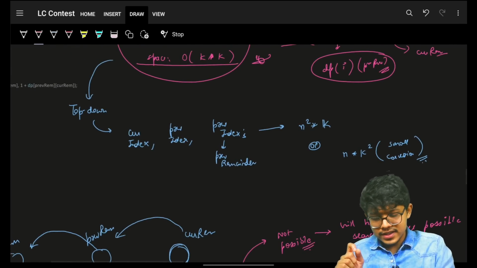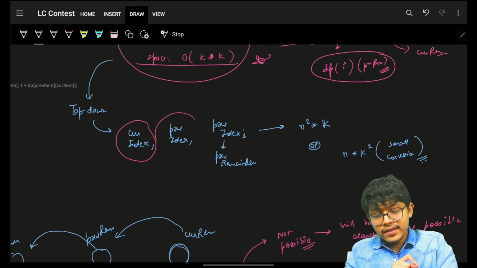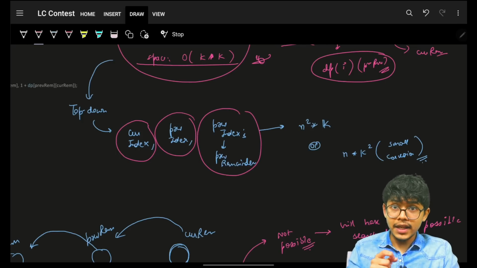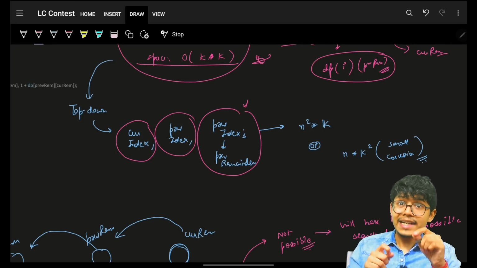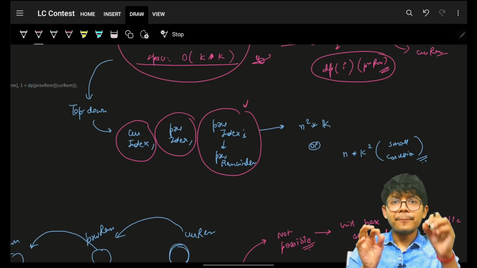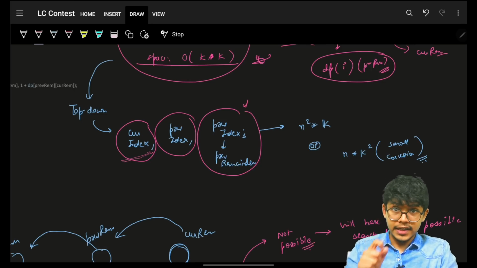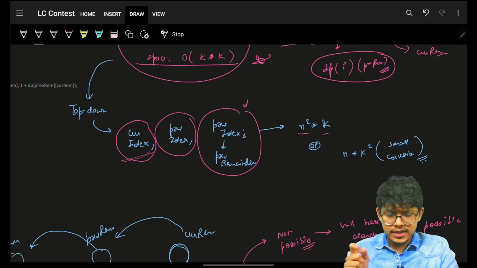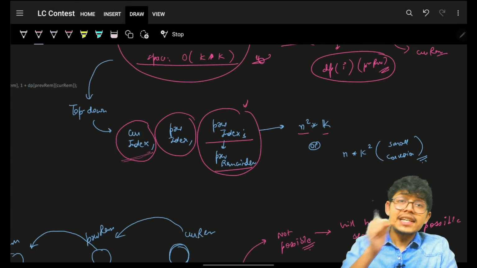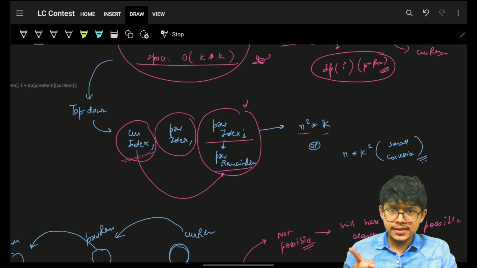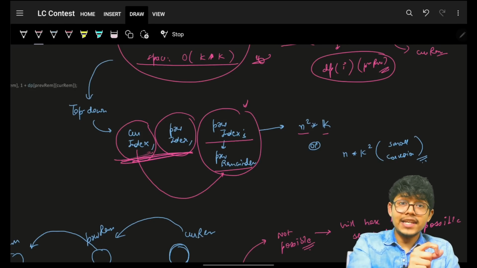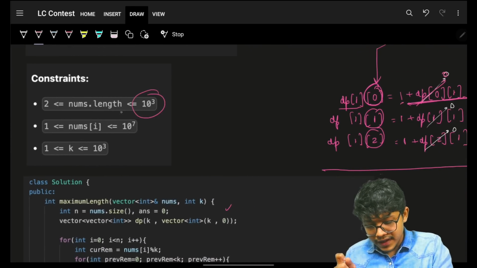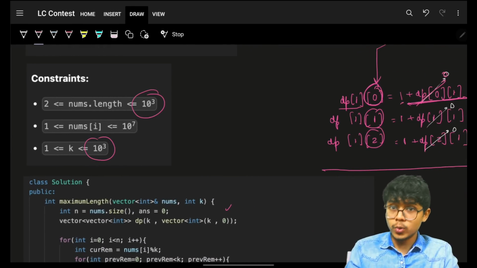So for the current index, you will look for the previous index, and take a DP value whose parity is the same as that of the current index, which, as you can roughly see, will take O of n square into k. But this previous remainder will be the same as that of the current index, so it can change to O of n square. In this example, n and k are both the same, thus it will work.